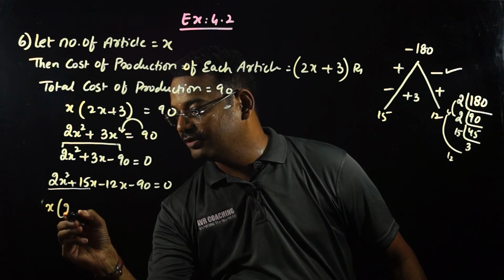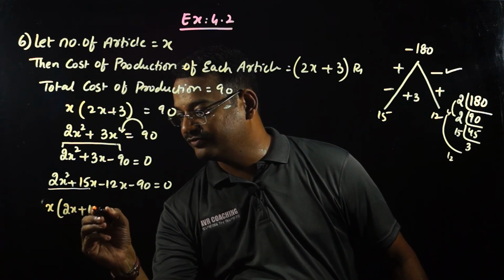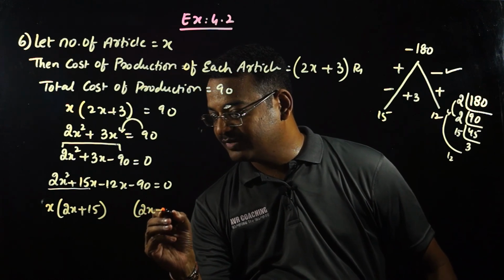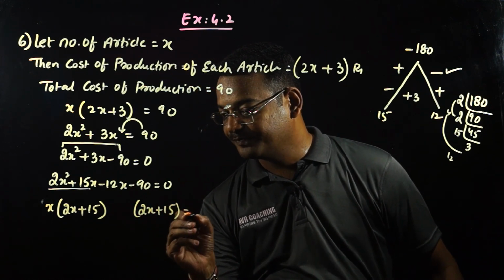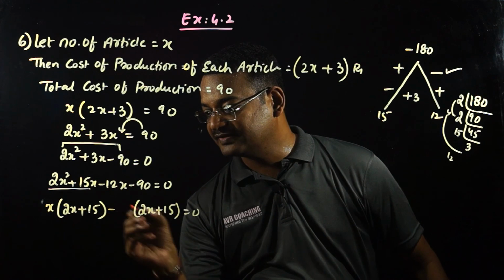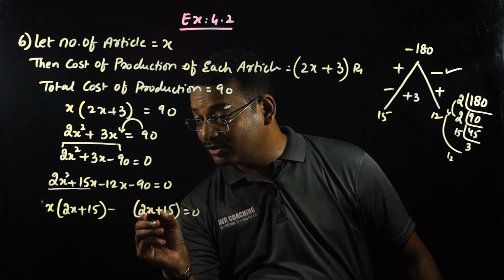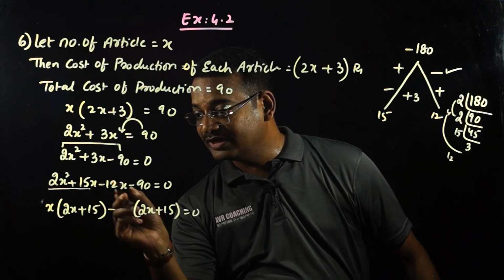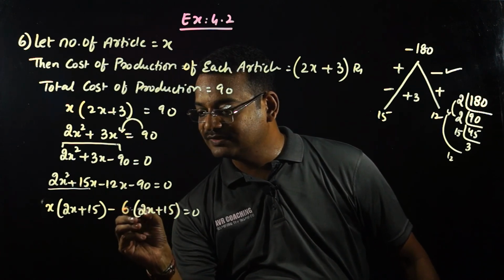So this will be x into 2x plus 15. In the second term also we will write 2x plus 15. The middle term is minus, and out of 12x we already got 2x here, so we are not going to write x again. To get 12 we have to multiply 2 with 6.